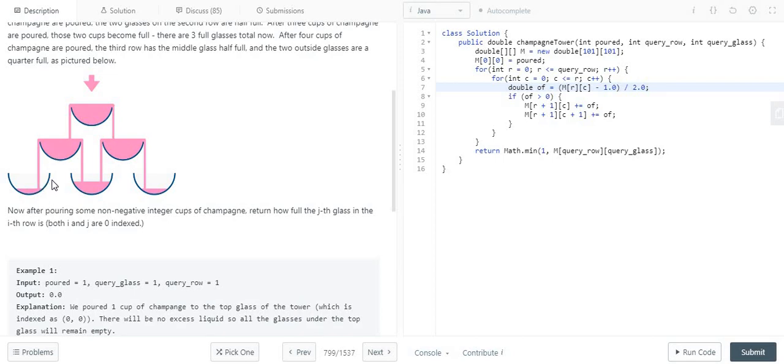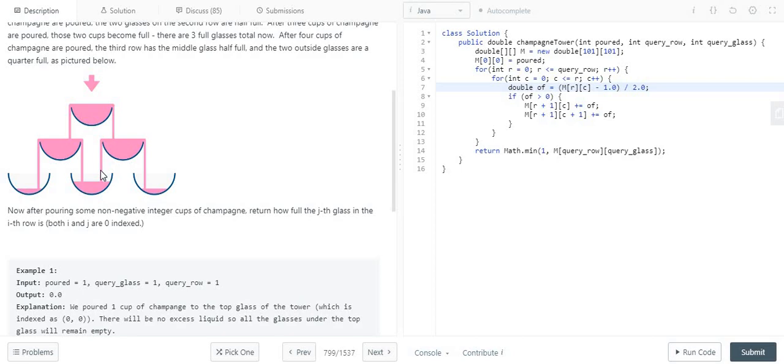This will keep on happening. If we pour one more glass of water, the top glass will again be filled up, and then the 0.5 from each glass below it is split: 0.25 will go into the leftmost glass, 0.25 will go into the rightmost glass, and the remaining 0.25 from the second row's left glass and 0.25 from the right glass of the second row go into the middle glass.